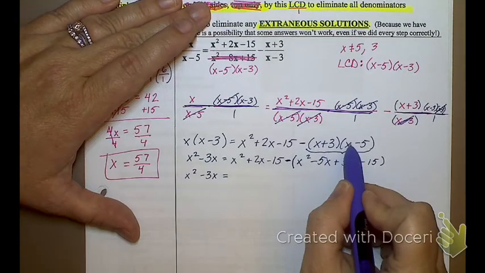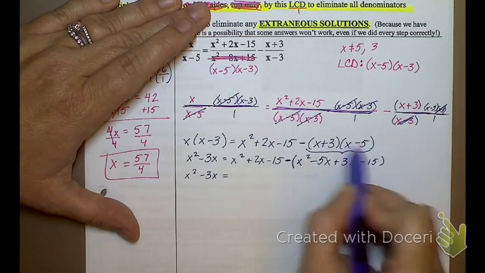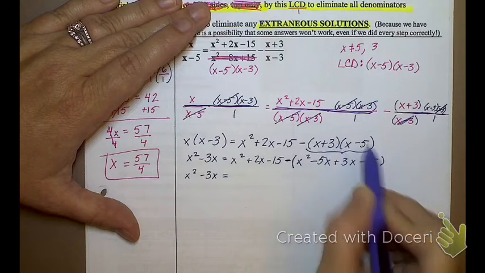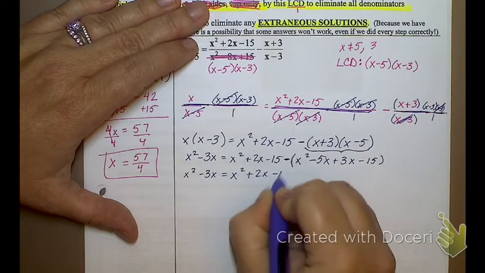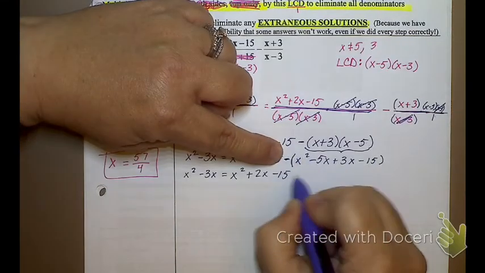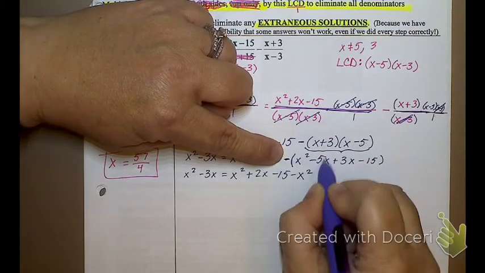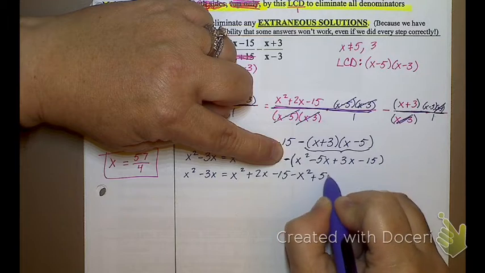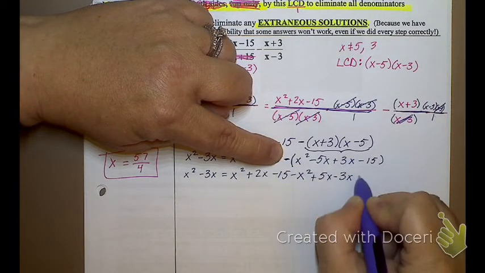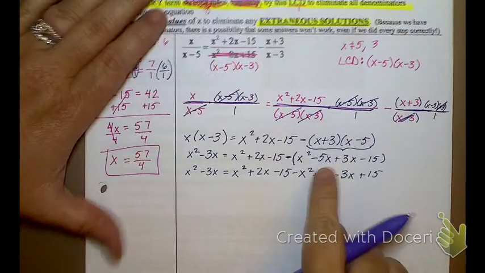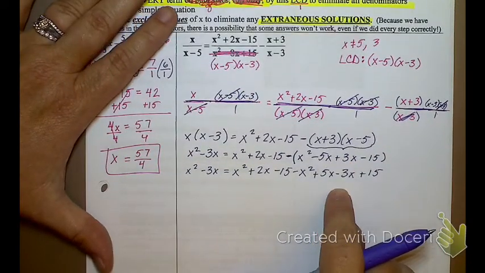So let's see. X squared plus 2x minus 15 minus x squared plus 5x minus 3x plus 15. Now, yes, I could have combined those like terms before distributing my negative.